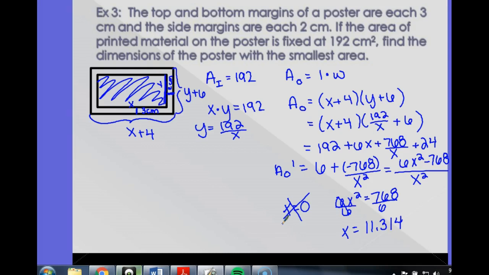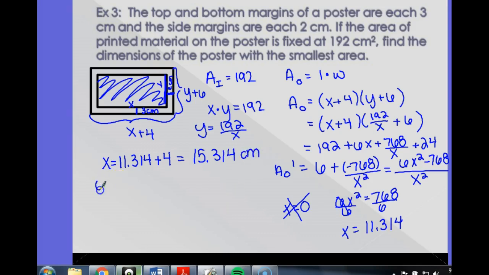That means the x dimension is 11.314 plus 4, because outside of the poster you have to add back the 4. That's the only reason making it 11 would be nice, or x would be nicer. At some point then you have negatives. So it's 11.314, which is really 15.314.